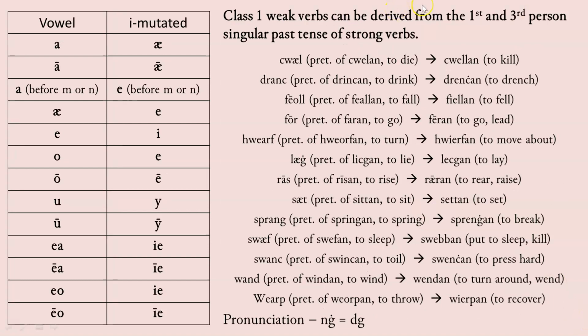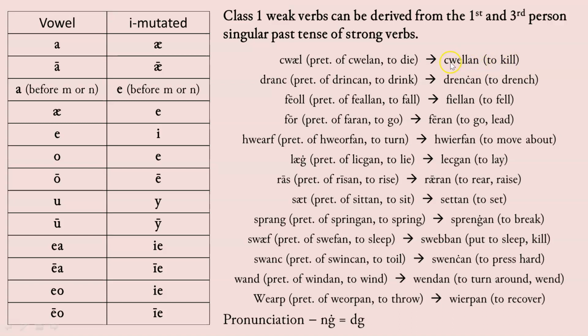All right, class 1 weak verbs can be derived from the first and third person singular past tense or preterite of strong verbs. So the preterite of kawellen, to die, in the first and third person singular is kawal. And under i-mutation, we can go from the AE to the E over here. So we get kawellan, to kill.